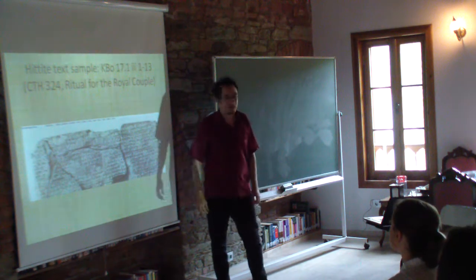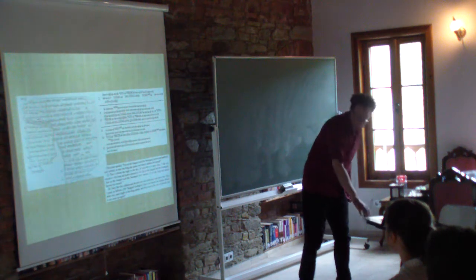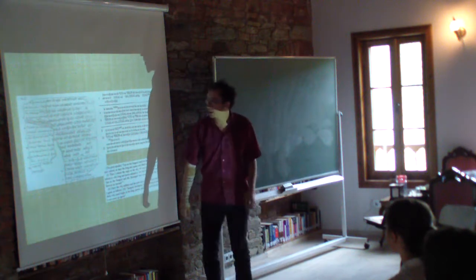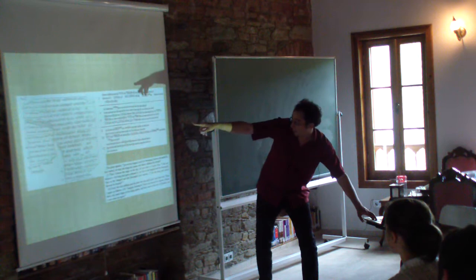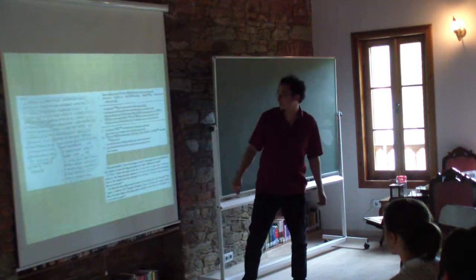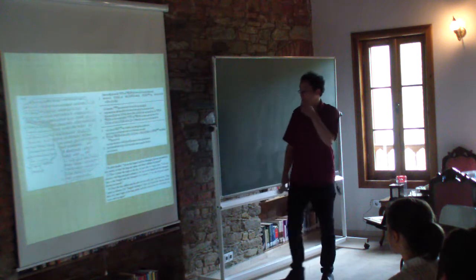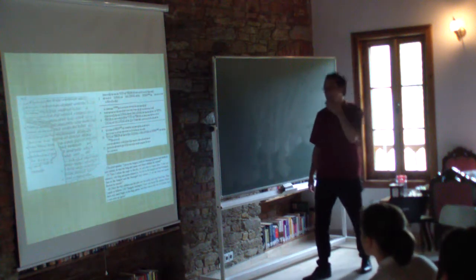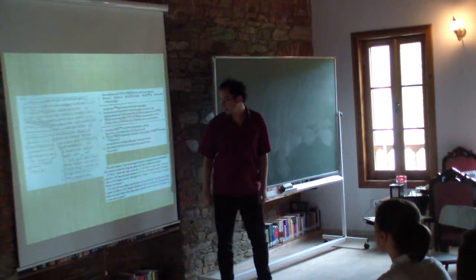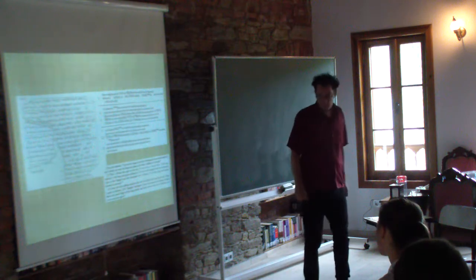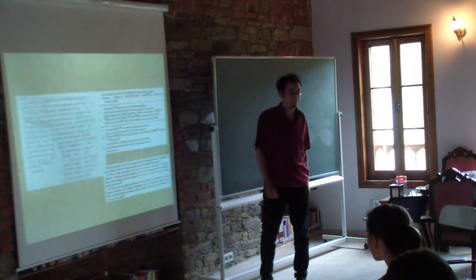This is a ritual for the royal couple, and this is a drawing of this part, and now the transcription of the first 3 paragraphs, and also the translation. What you can see here is these words that are written with capitals. They are the logograms.